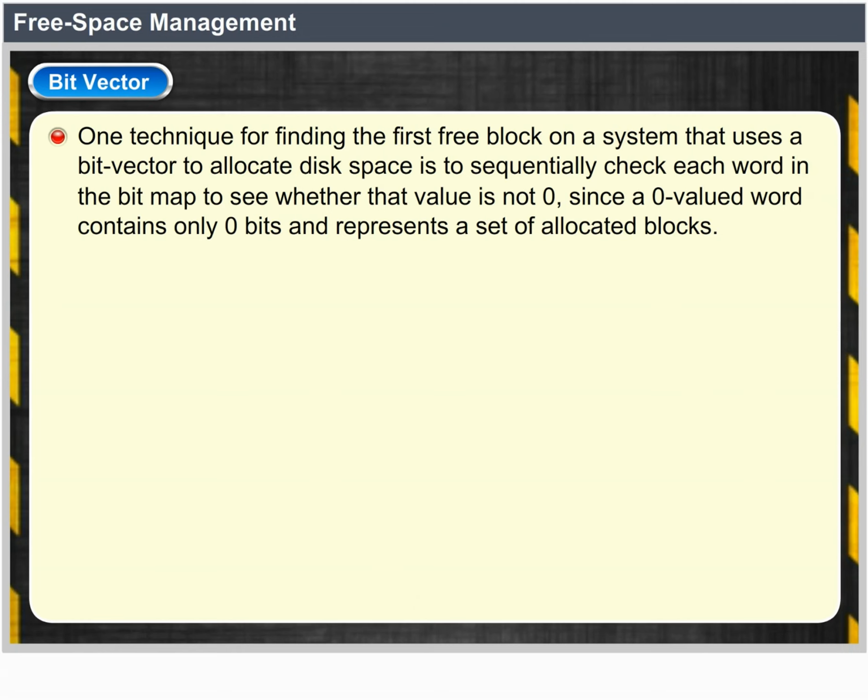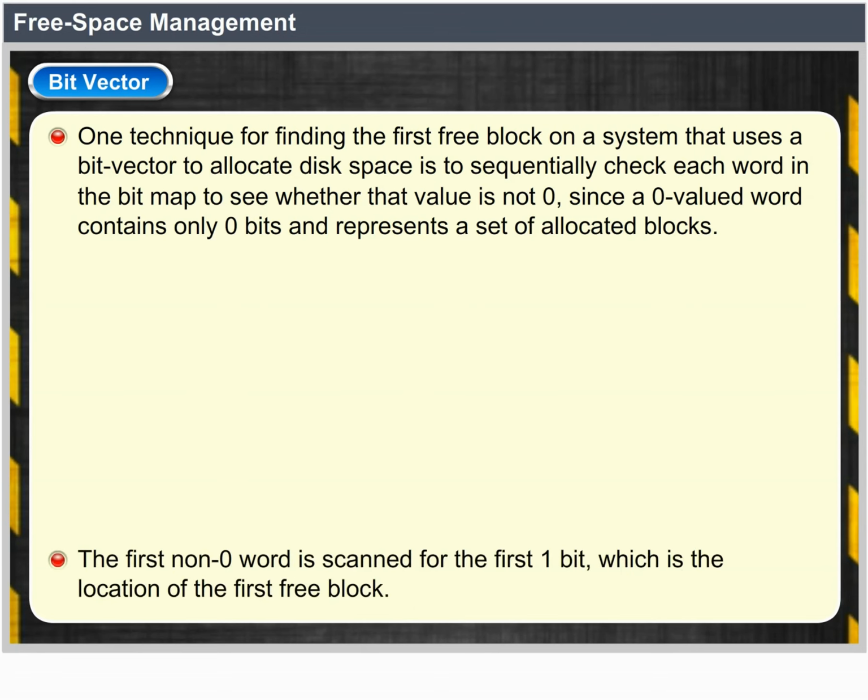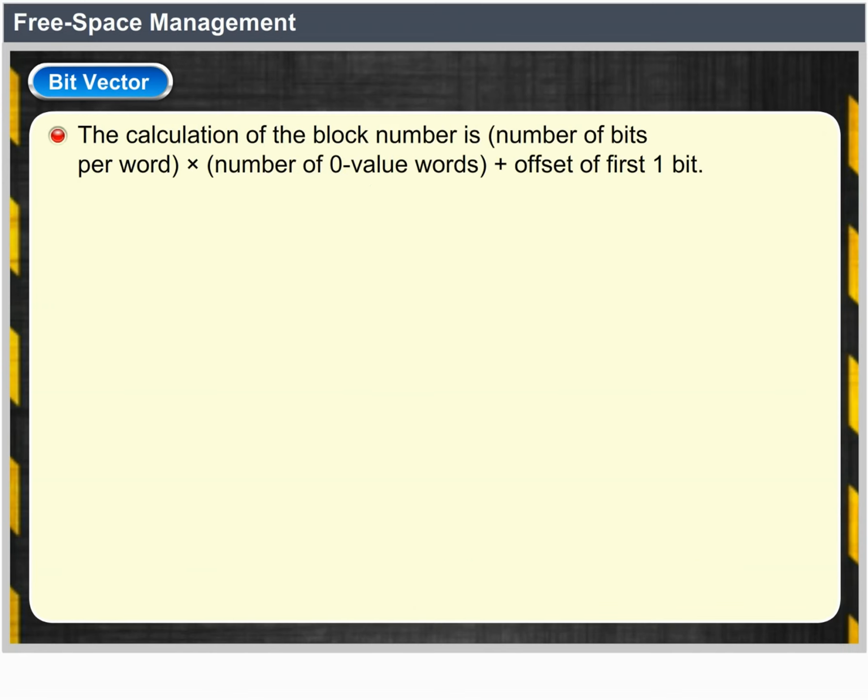The first non-zero word is scanned for the first 1 bit, which is the location of the first free block. The calculation of the block number is number of bits per word times number of 0-value words plus offset of first 1 bit. Again, we see hardware features driving software functionality.